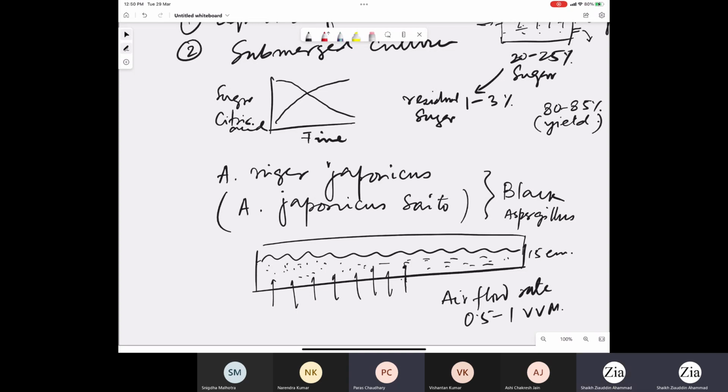To increase saccharification, first you raise the temperature, and then you decrease the temperature again. In between, if any precipitation occurs, for removal of this precipitate you can have a filter, and then you have the fermentation in the fermenter.